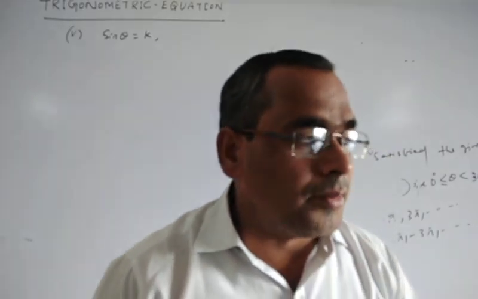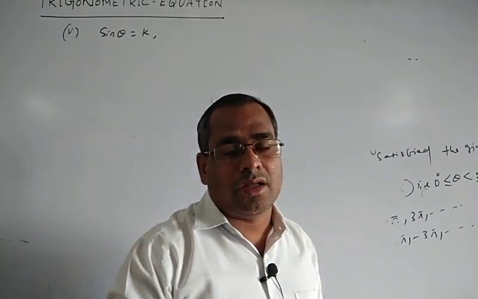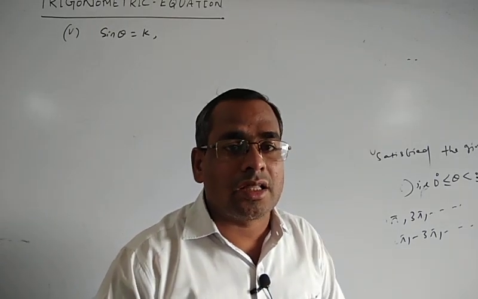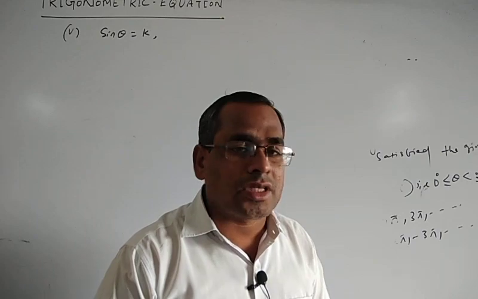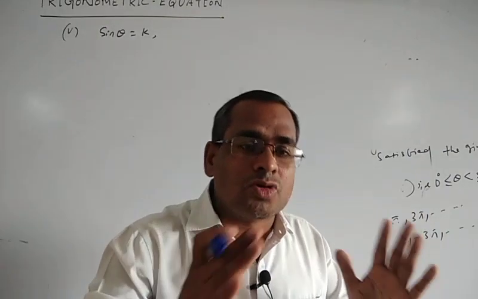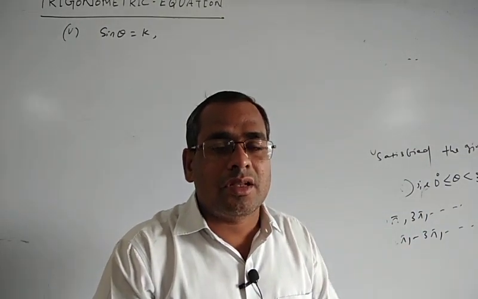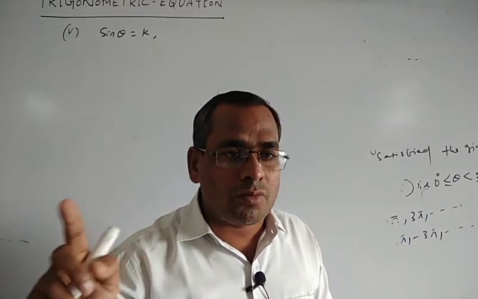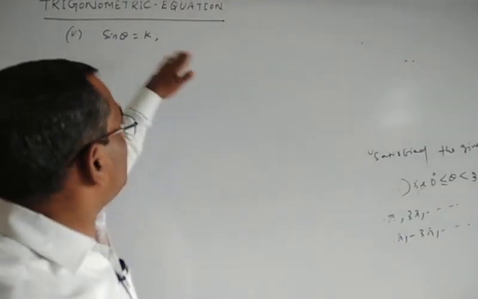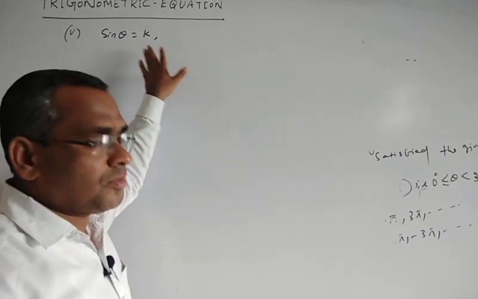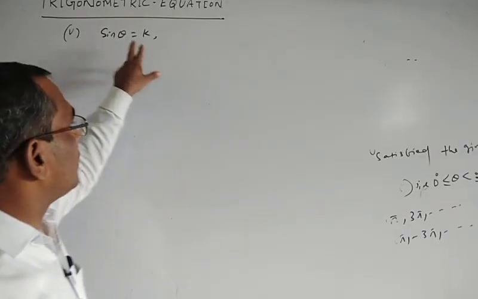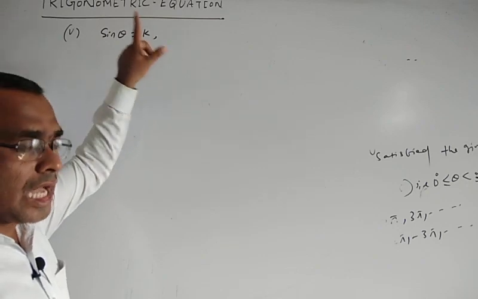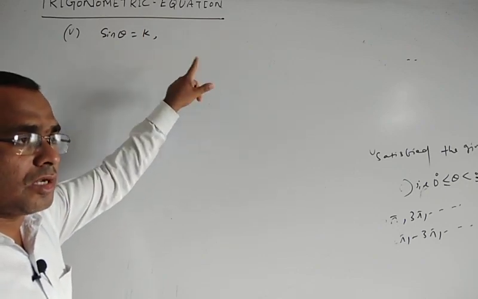You know the maximum value of sin theta is +1. And what will be the minimum value? The minimum value of sin theta is -1. All values of sin theta lie in the closed interval -1 to +1. So for the value of theta to be possible, k should lie in the closed interval -1 to 1.